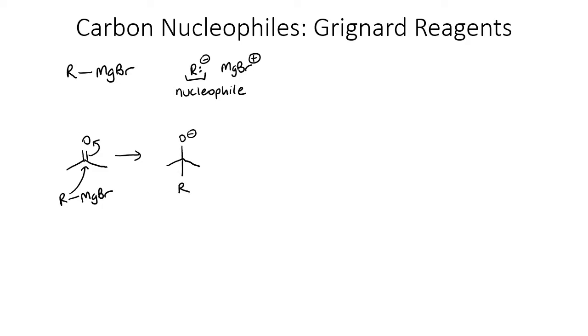Now this allows us to form a new carbon-carbon bond between the R group and the carbonyl carbon. Then the last step of our mechanism is to protonate the oxygen with a protic solvent such as water. So Grignards are one way that we can take aldehydes or ketones and make alcohols.